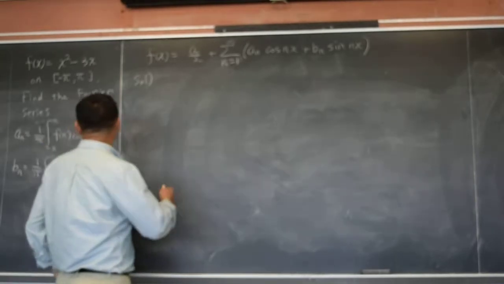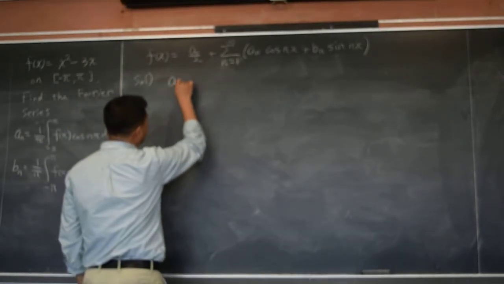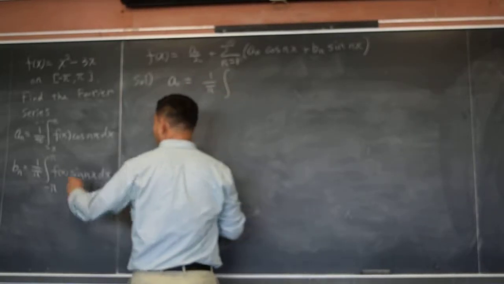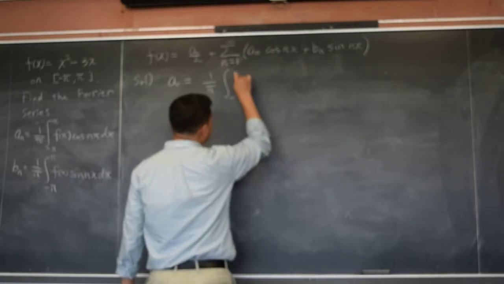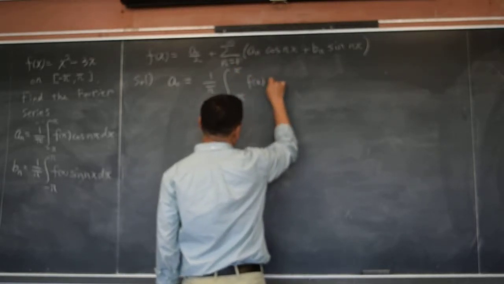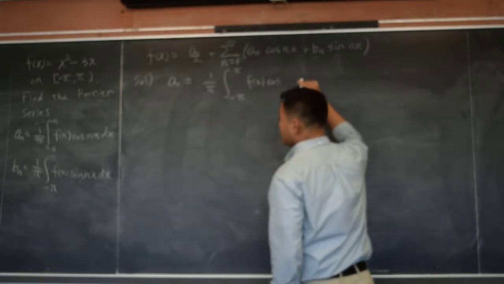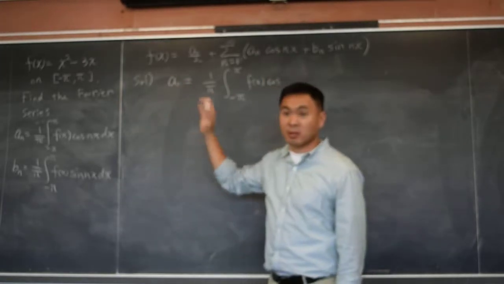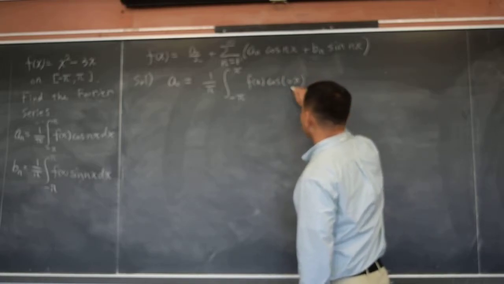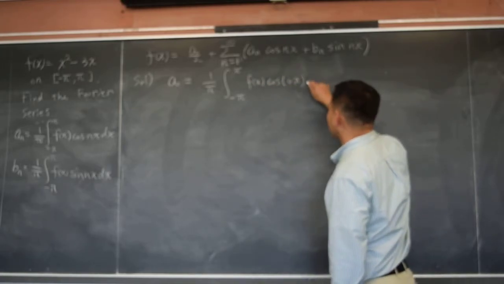All right, so let's try it. a0 first. a0 is 1 over pi, according to that formula, integral from negative pi to pi of f of x times cosine of what? It's a0, so what should I put for cosine? Cosine 0x. And what's cosine 0x?